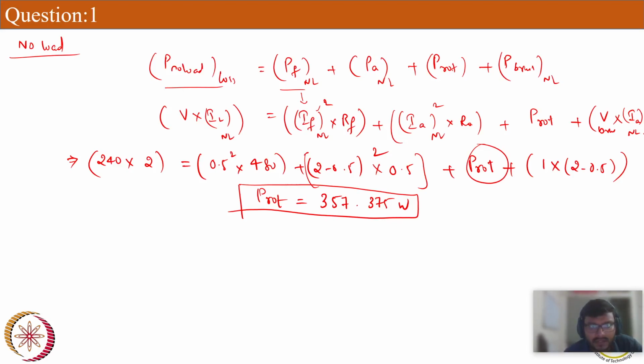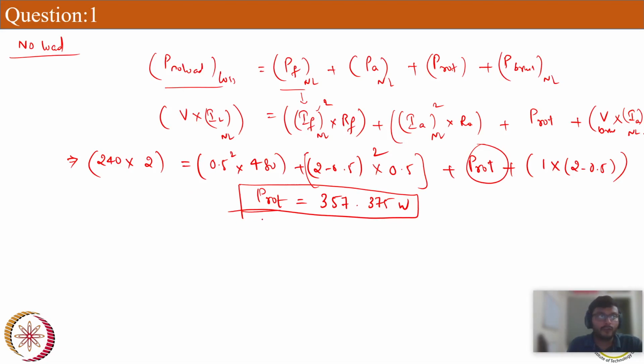I got 357. 240 into 2, 480, minus 0.5 square into 480, minus the armature copper losses 1.5 square into 0.5. Sir, you are right. Okay, it might be some calculation mistake. No problem.